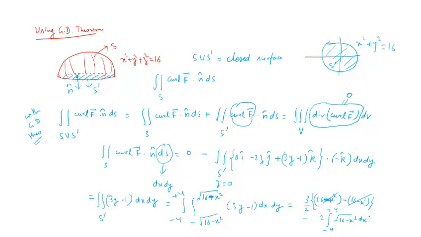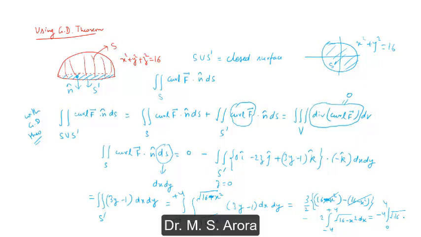Since this is an even function, this becomes minus 4 times the integral from 0 to 4 of square root of 16 minus x square dx.